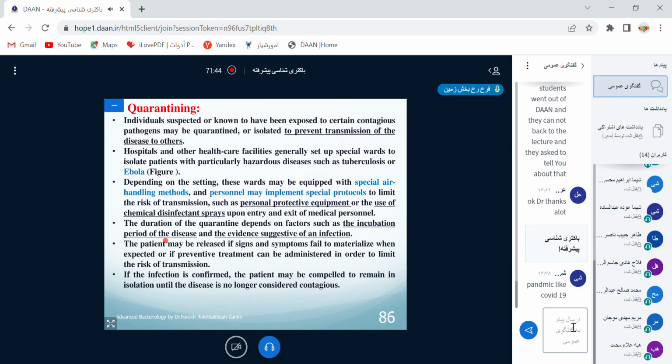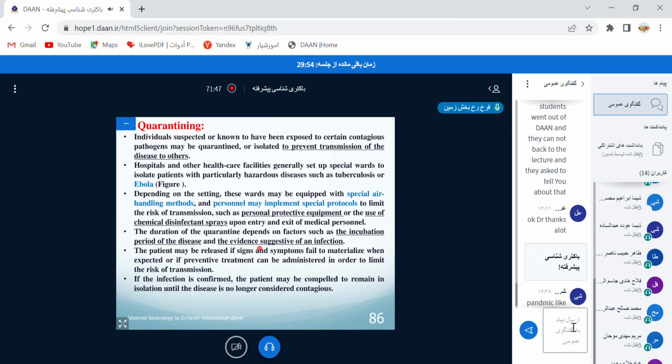The duration of quarantine depends on factors such as the incubation period of the disease and the evidence suggestive of an infection.